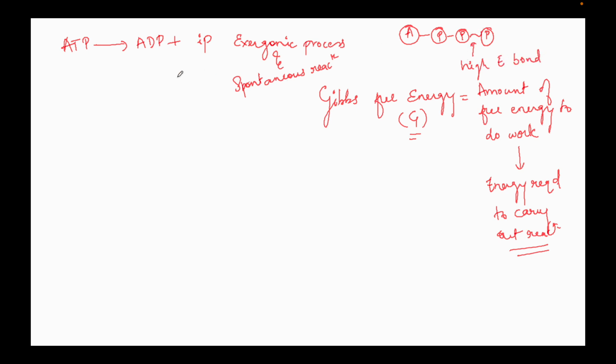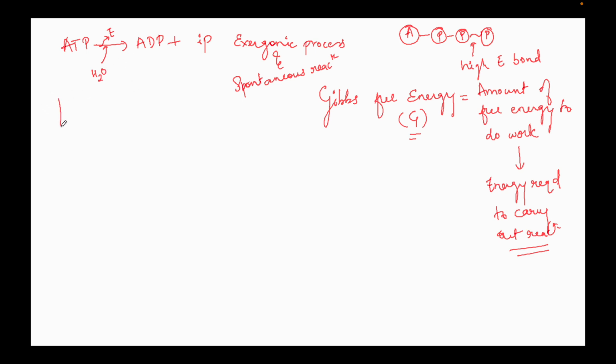And when this high energy bond is hydrolyzed with a water molecule, it is broken down to ADP and Pi, and it releases lots of free energy. This energy is further utilized in the cell for various purposes. ATP is the main energy currency of the cell.